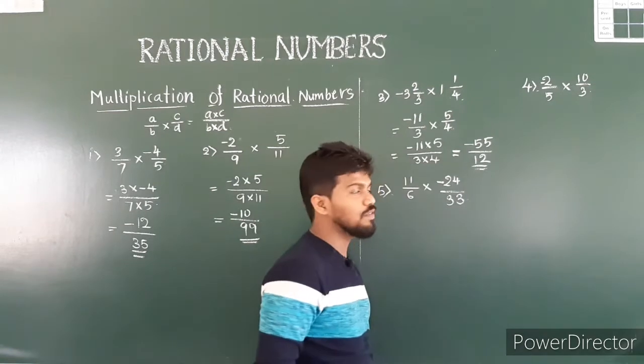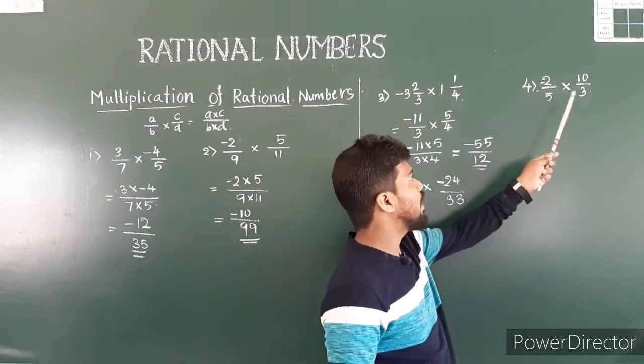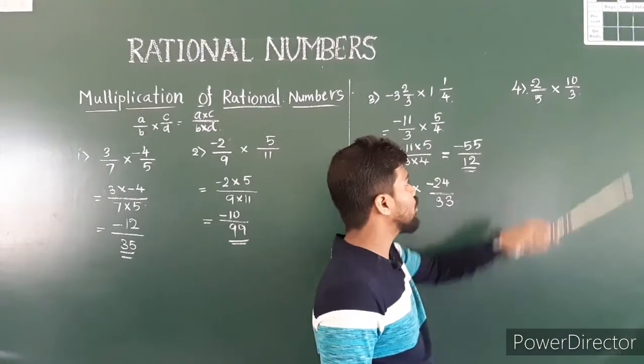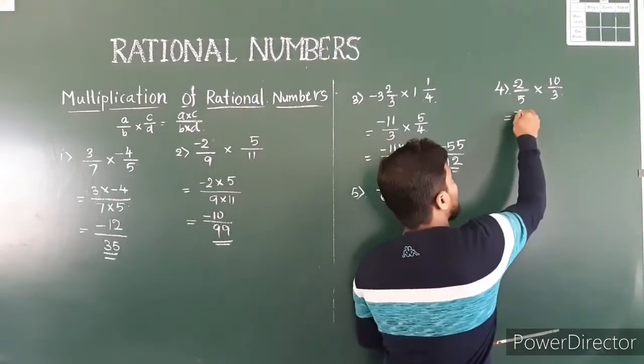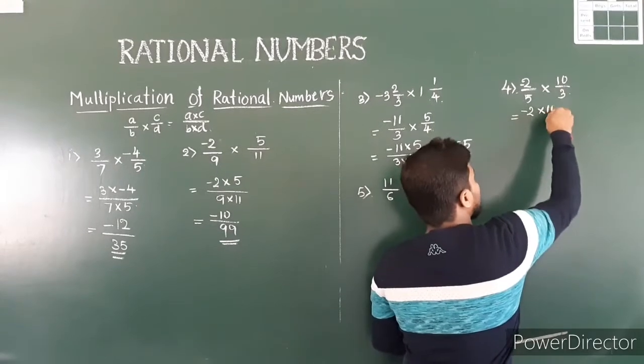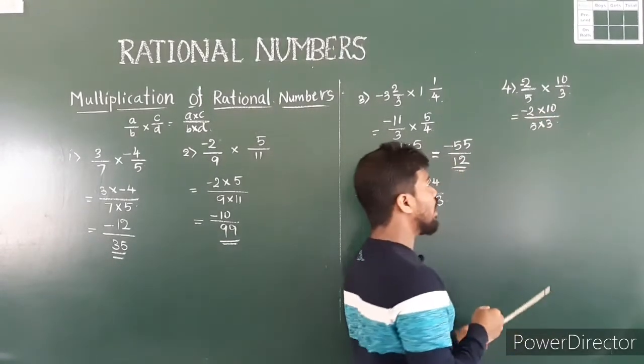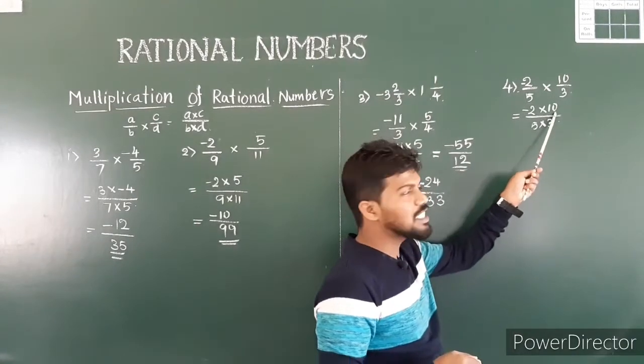So one more, the fourth one. Minus 2 by 5 into 10 by 3. So you write minus 2 into 10, 5 into 3. See here, one 5 is there, and one 10 is there.